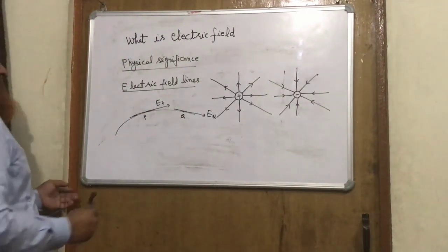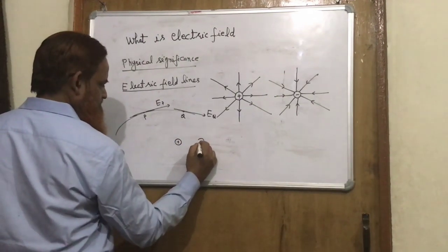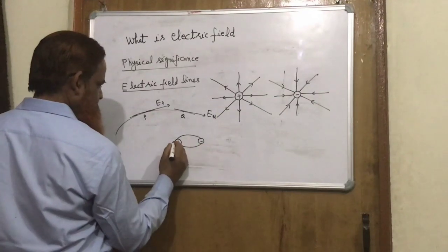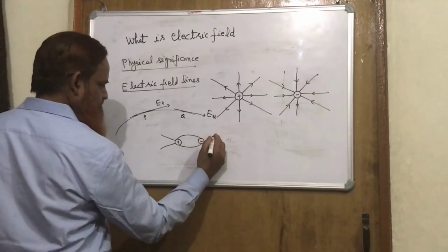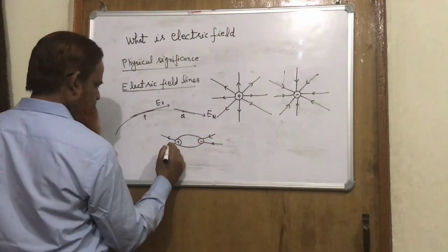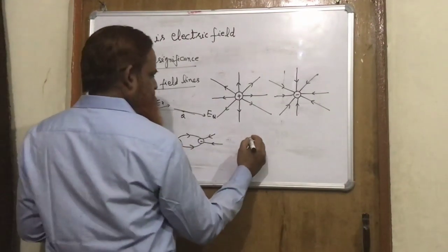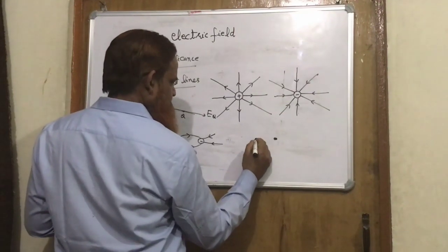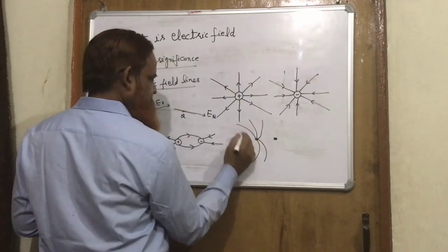Electric field lines due to a dipole will be in this way. Electric field lines due to two equal charges will be in this way.